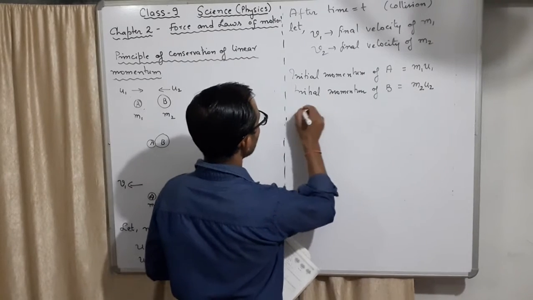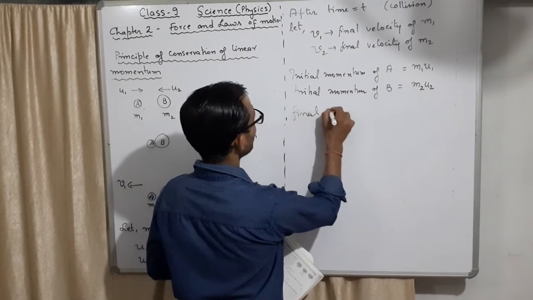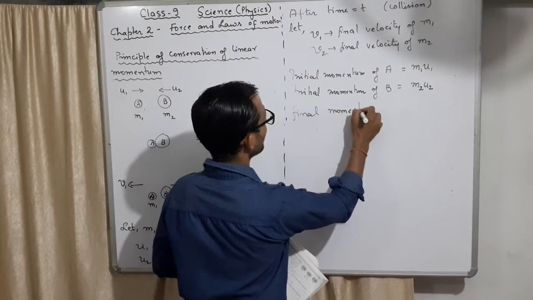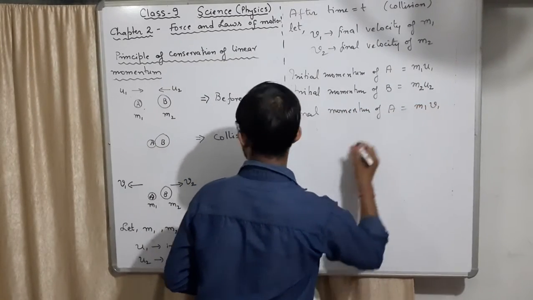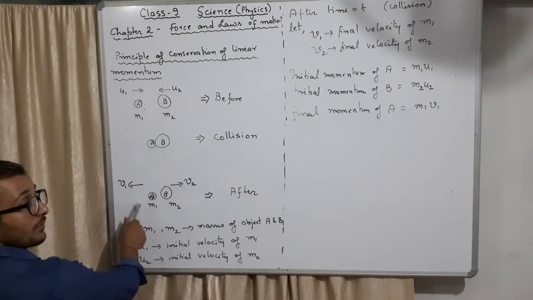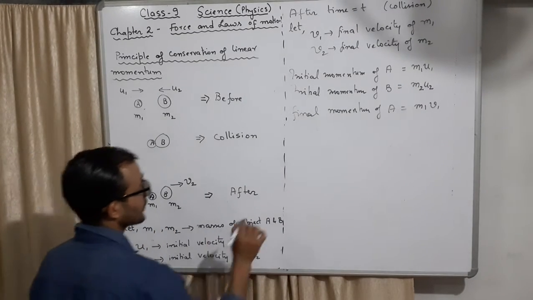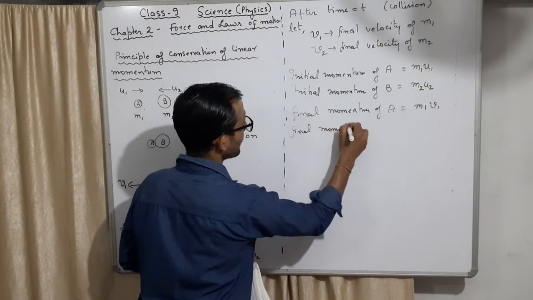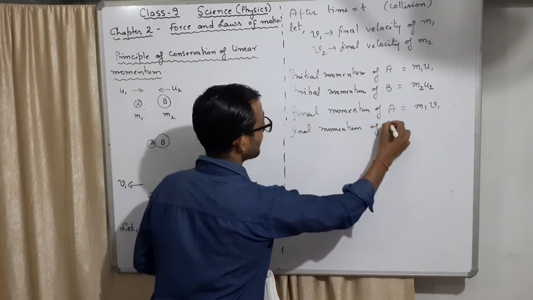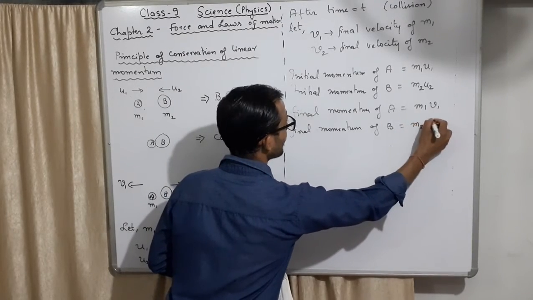The final momentum of A after collision is M1 V1. Similarly, the final momentum of B is M2 V2.